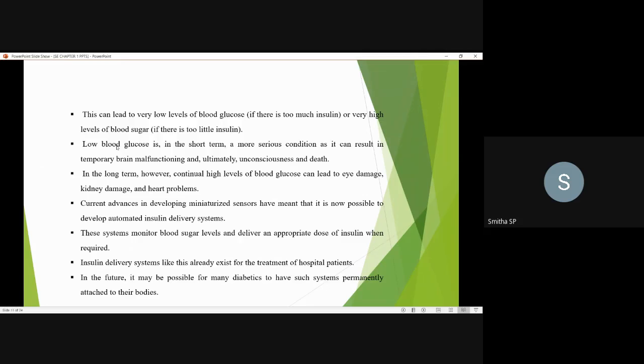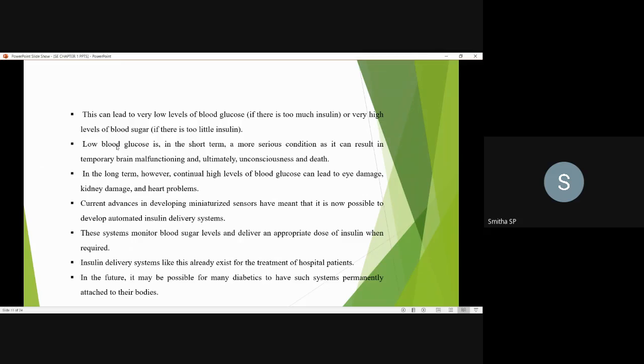So, if we do not calculate exactly when the last insulin was injected, it may give rise to a new problem: the blood glucose level may become very high, or sometimes very low.